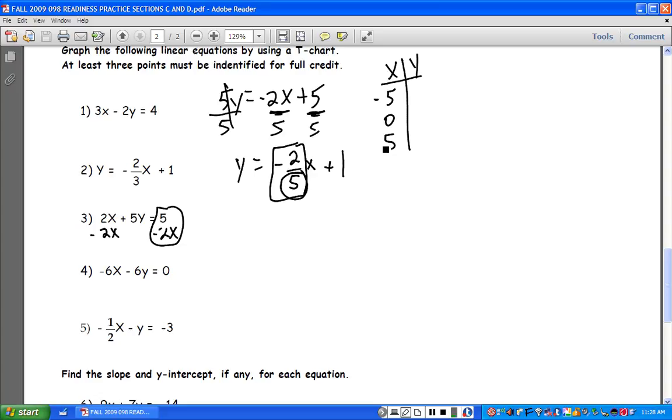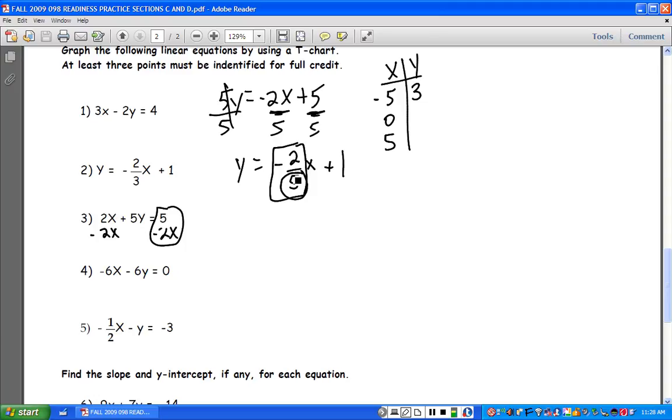Okay, so when x is a -5, then -5 times a -2, there's a -2 here, so -5 times -2 is a +10. 10 divided by 5 is 2. 2 plus 1 is 3.